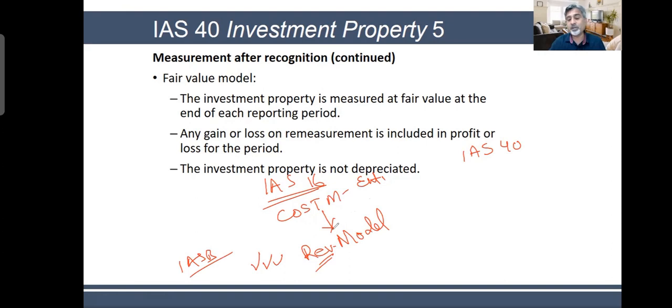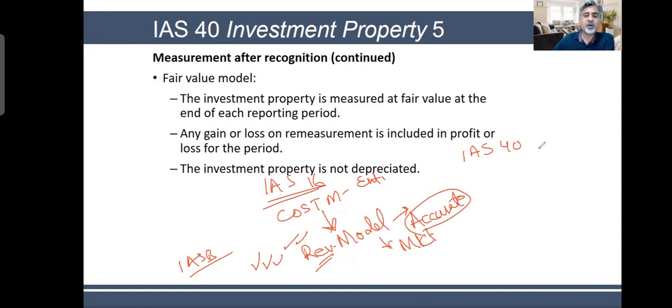So when you move to the revaluation model, the accounts will be more accurate because the revaluation model is market specific, and the numbers you take from the market. This is a true reflection of the value of the asset in the market. So it is fine. It is good.